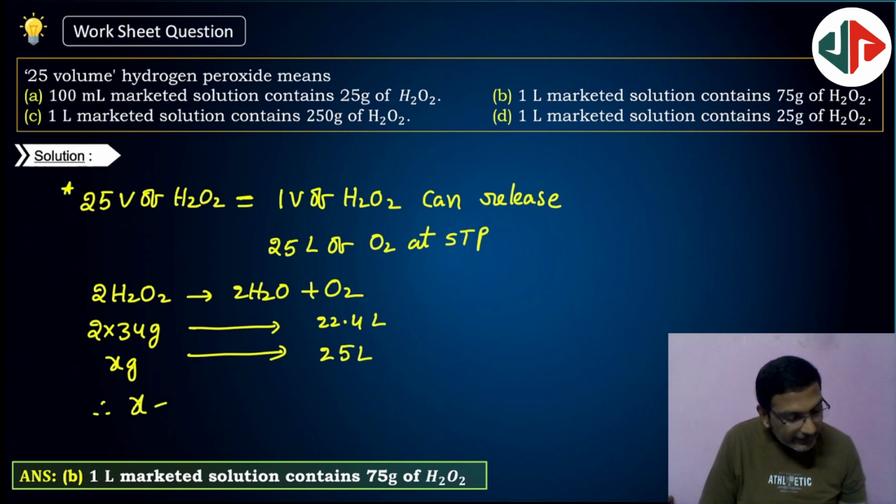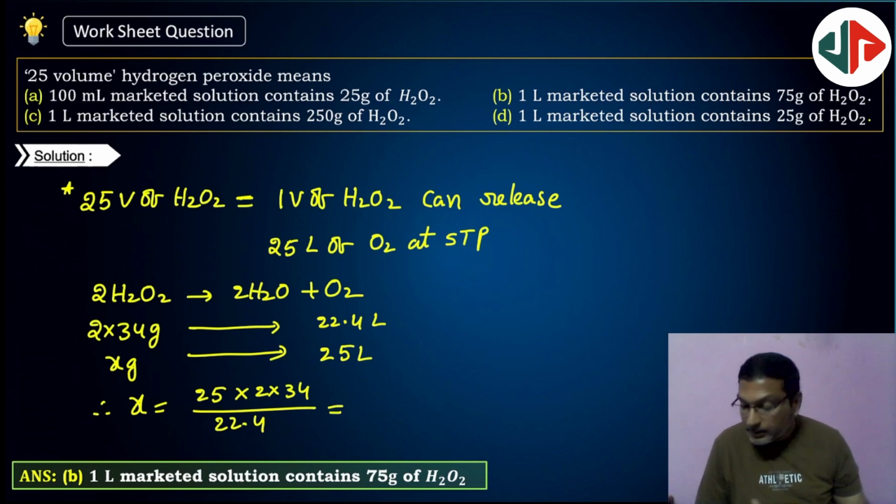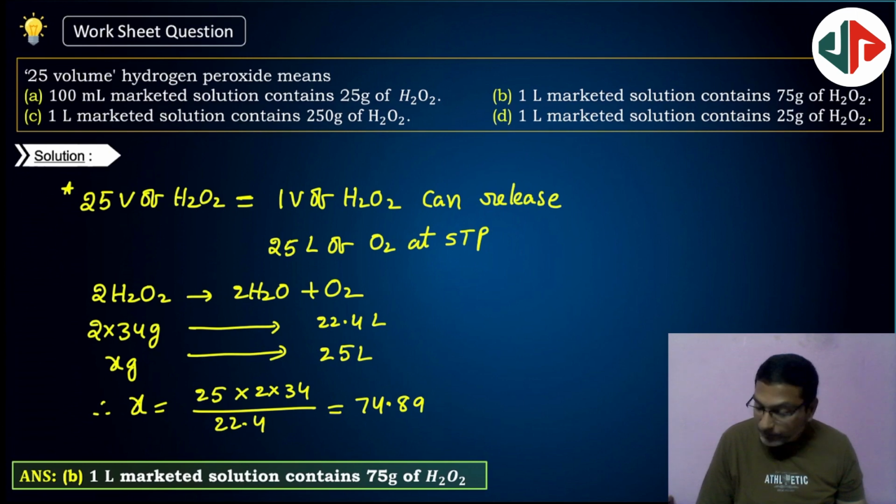Therefore, X equal to 25 into 2 into 34 divided by 22.4 STP volume. So we'll get this value as 74.89 grams of H2O2.